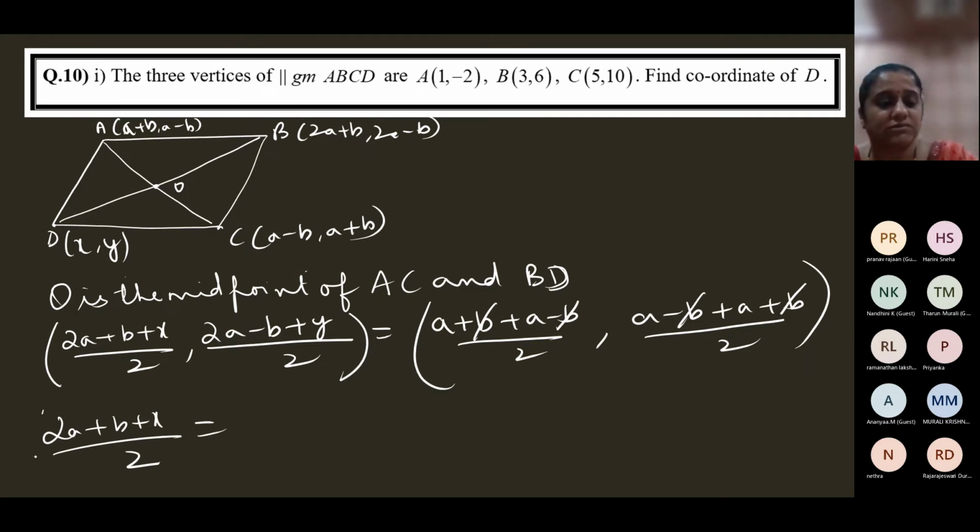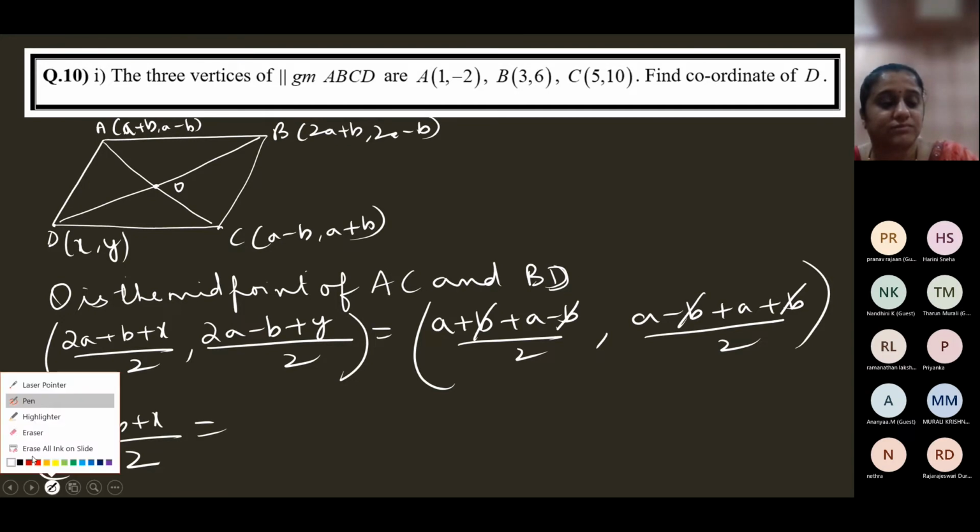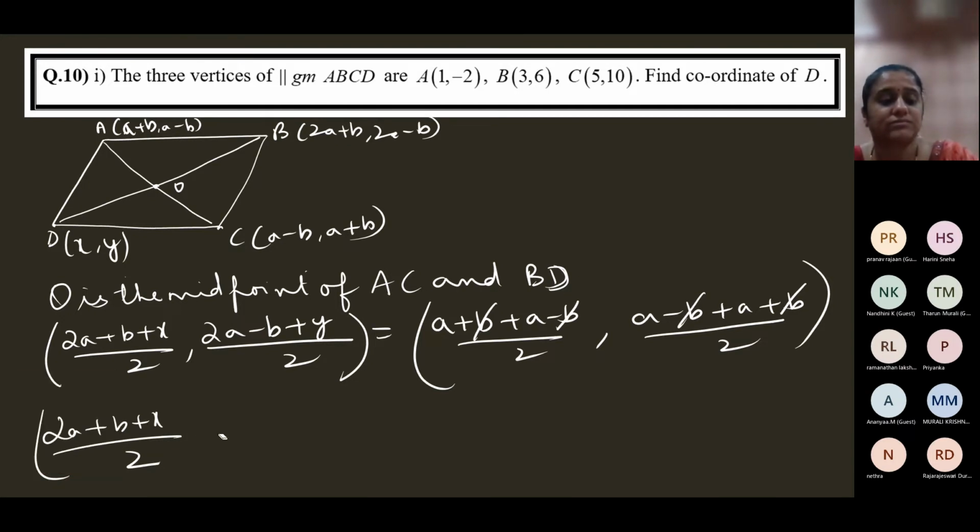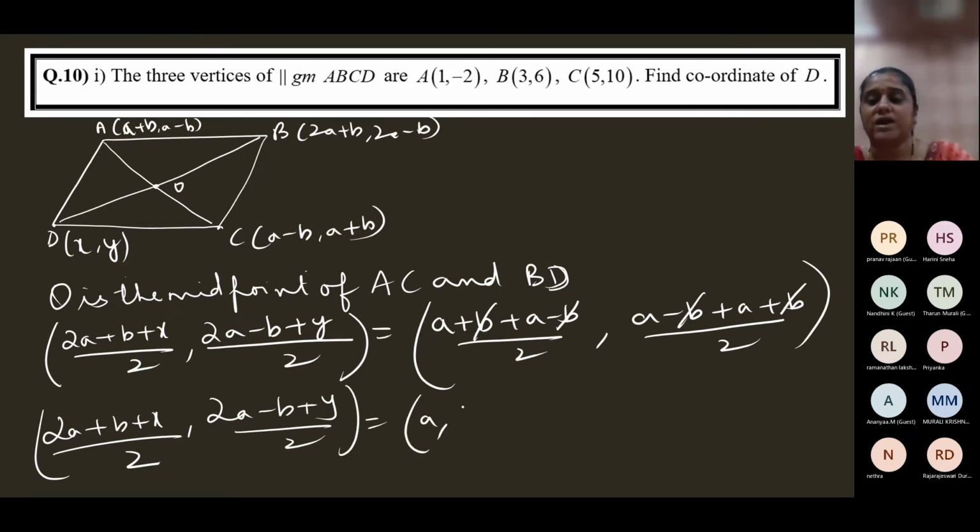And (A minus B plus Y) by 2 is equal to 2A by 2, which is A, and 2A by 2 again, which is A.